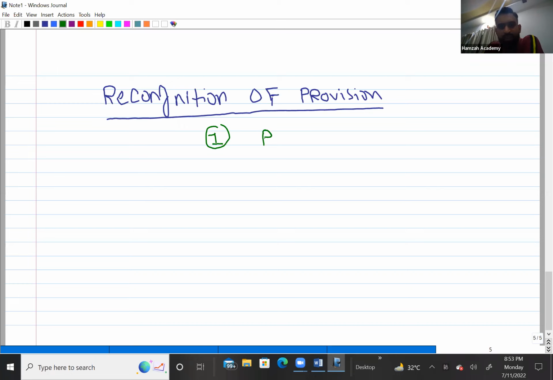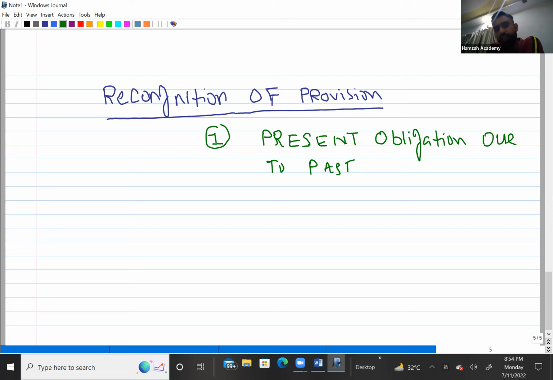Number 1, there is a present obligation due to a past event. So this condition must be fulfilled. There must be a present obligation, there must be a past event.